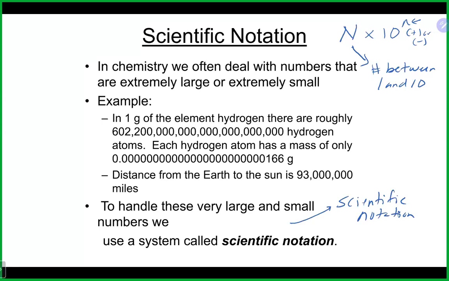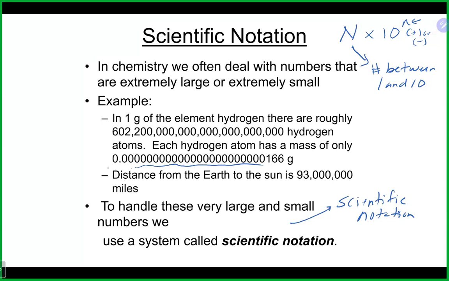Why do we use scientific notation? Obviously, as you can see in the example, that is a lot of zeros that you would have to write and try to use in a calculation. There's a fairly good shot you're going to lose some zeros along the way if you're doing a big calculation with that. Or even that really small number there, 0.000... I lost track of zeros already, right? You're probably going to lose some zeros along the way.